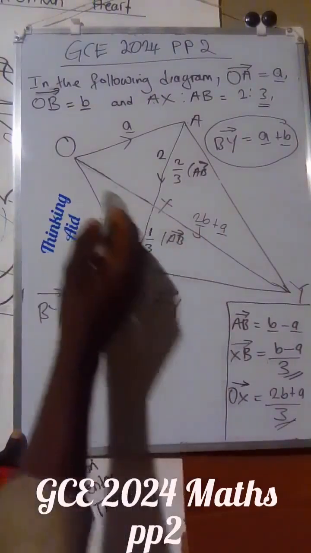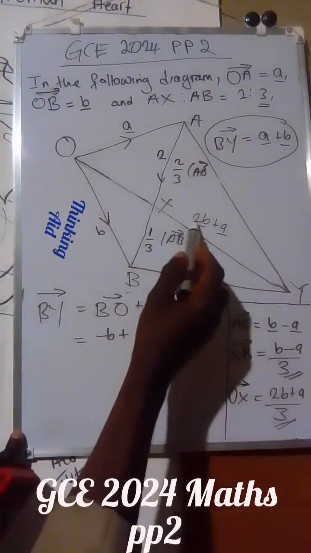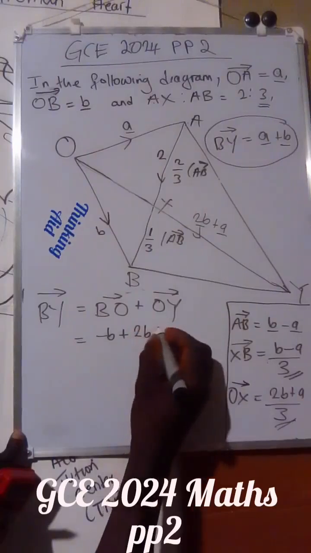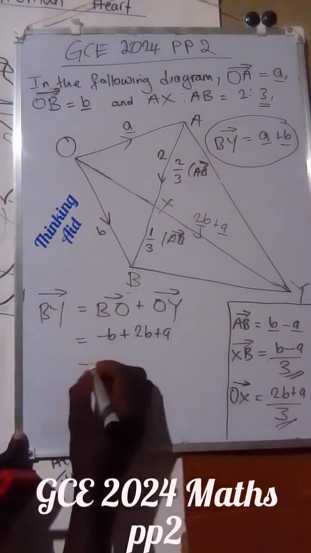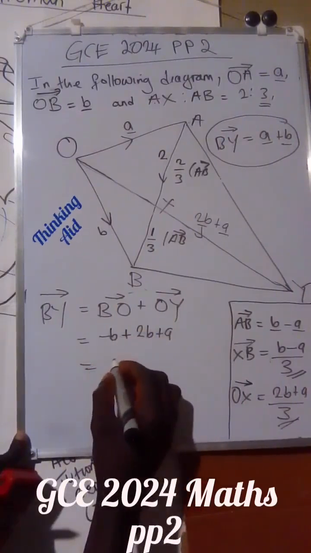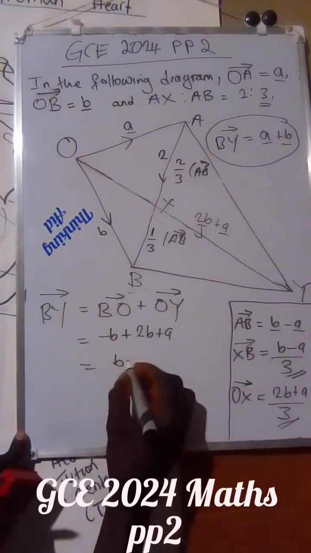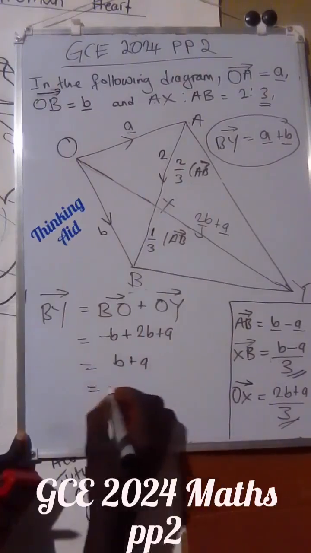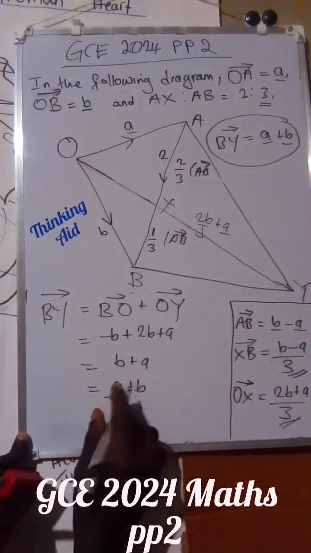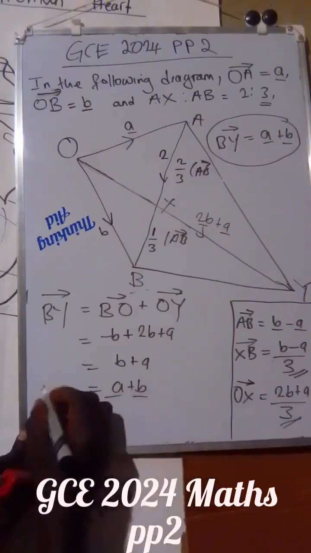Remember, we calculated vector OY and found that it was 2b plus a. So this is 2b plus a. When you simplify, negative b plus 2b gives us b plus a, which is the same as a plus b. And this is our vector BY.